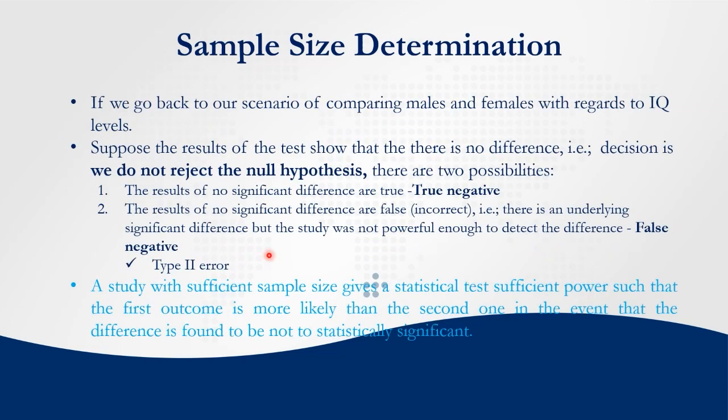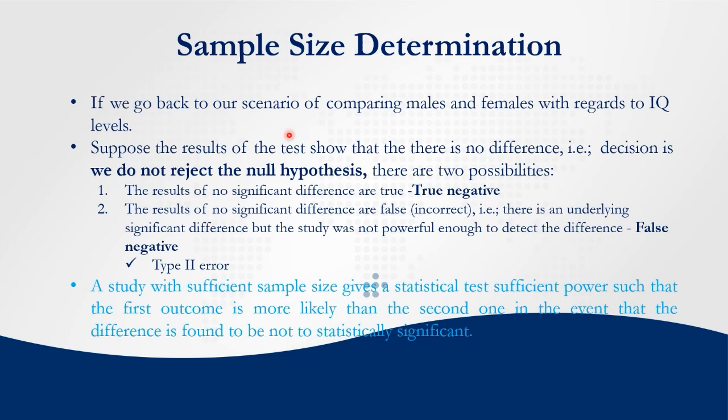So if we go back to our males and females IQ levels, let's say the decision is that we do not reject the null hypothesis, so it's saying there are no differences, right?